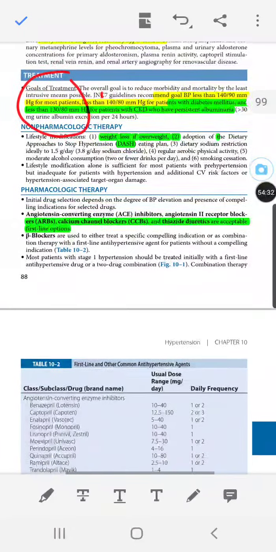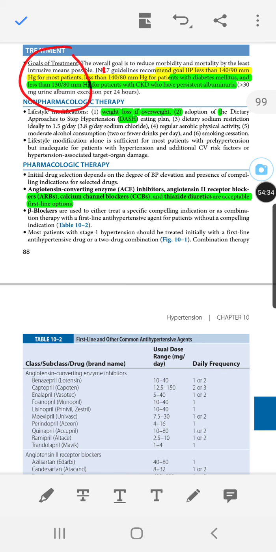And the most important thing we have discussed here is the treatment goal: you have to decrease your blood pressure according to the guideline.